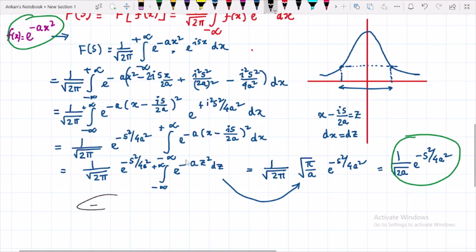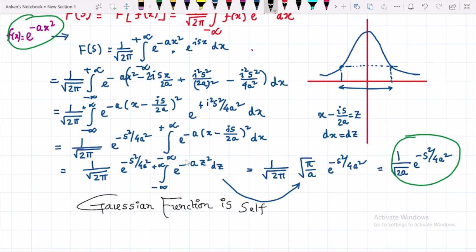So you can write that the Gaussian function is self-reciprocal. Why? Because in the reciprocal space it also contains its identity, so it can be said to be self-reciprocal.